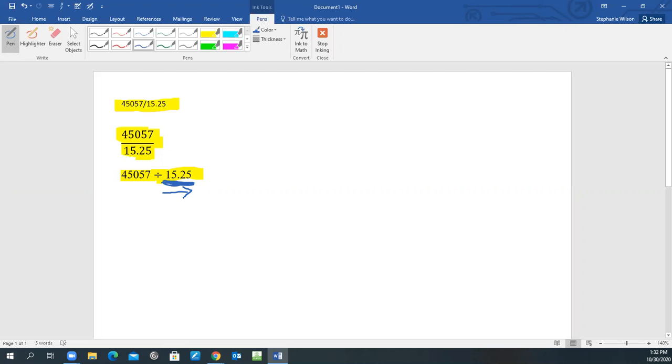Now, whatever we do to one part of an expression, equation, function, we have to do to another part. So I'm going to grab this decimal and move it 1, 2 places to make it a whole number. That means I need to grab it here on this numerator and do the same. Move it 1, 2. And then I'm going to rewrite my fraction.